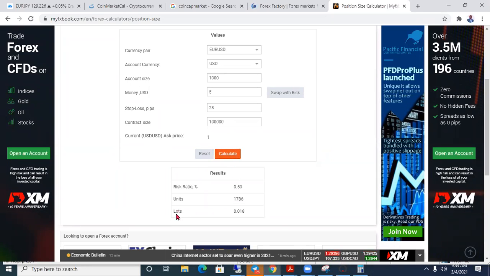It's telling me if you want to reach 28 pips, then you should be using 0.018 lot size. I traditionally would just make this 0.01, but some of you might want to make this 0.02. So now we have the first trade going at 0.02. Now let's go back.